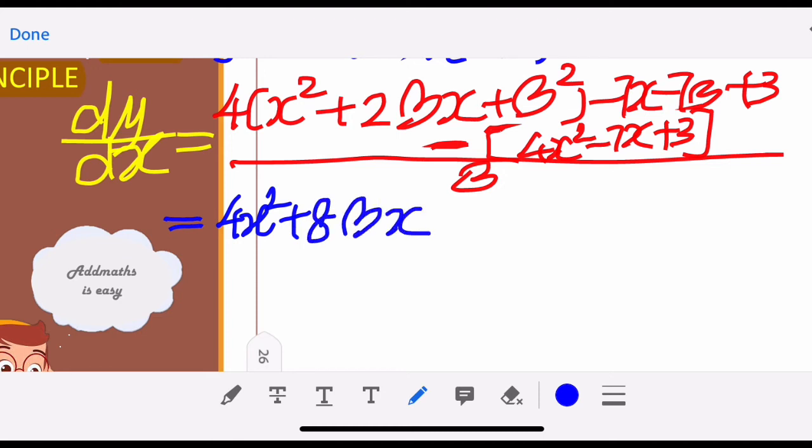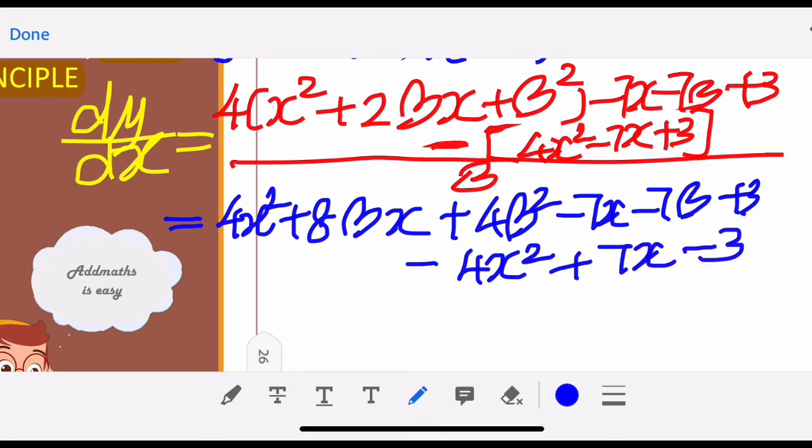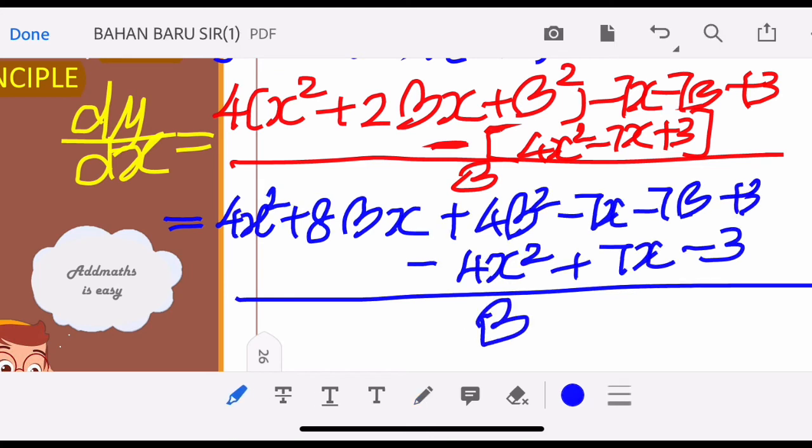Plus 8 lobshape x plus 4 lobshape squared minus 7x minus 7 lobshape plus 3. Now need to be very careful when you expand because there are 3 terms. So you have to minus 4x squared plus 7x minus 3 over the lobshape.